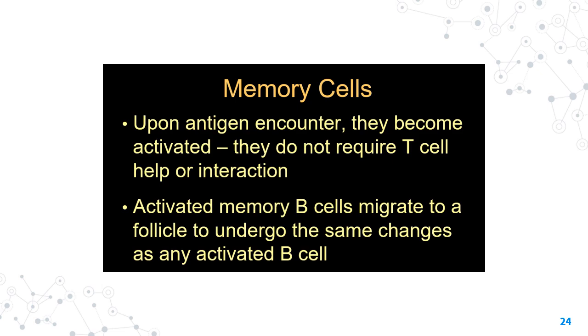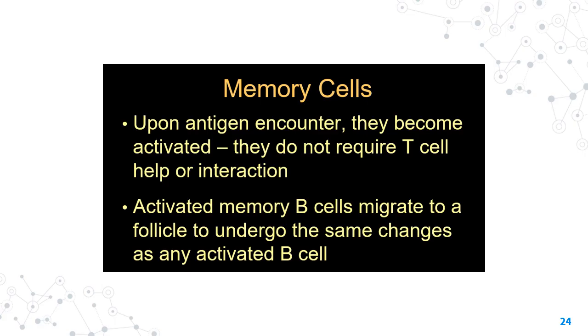The antigen, right? The antigen. When these memory B cells see the antigen, it is that 1 signal that it needs to get activated. And this is how you get a very fast and strong secondary immune response. It's because of those memory B cells that they only need to see the antigen.